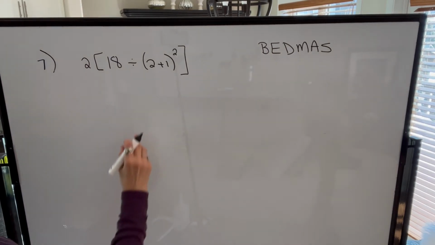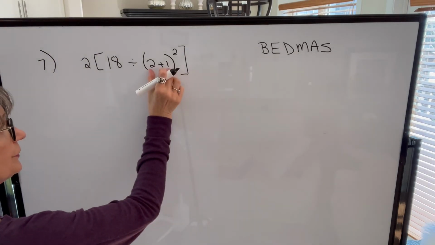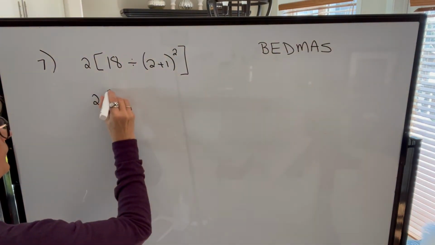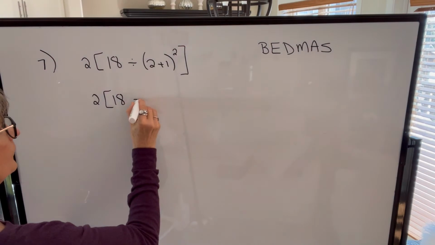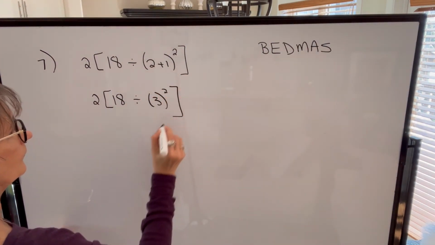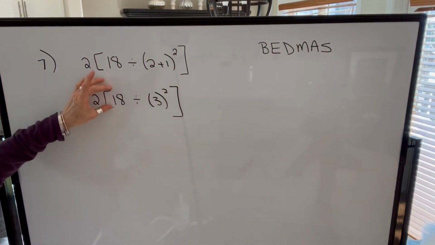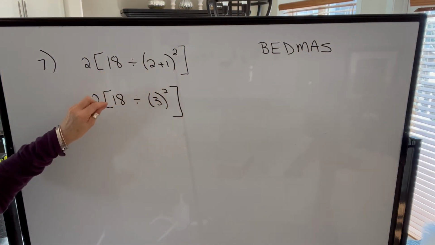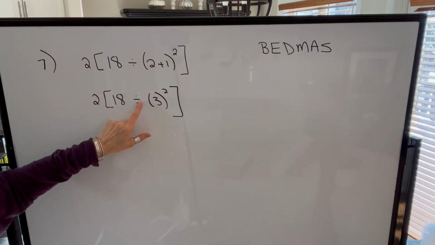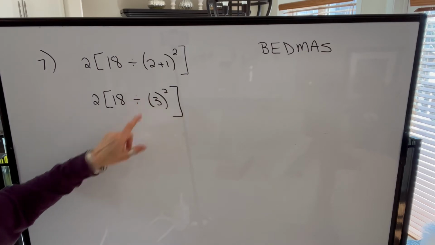In this next example, we're going to do what's inside these parentheses first. Now, in order to simplify what's in this expression in these brackets, I'm going to be using division, but I have to do the exponent before I do division.